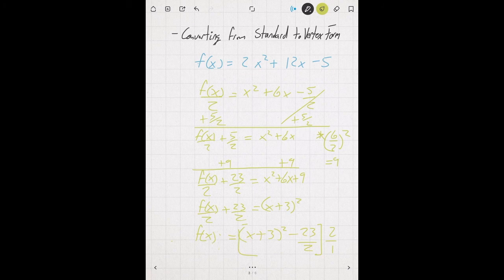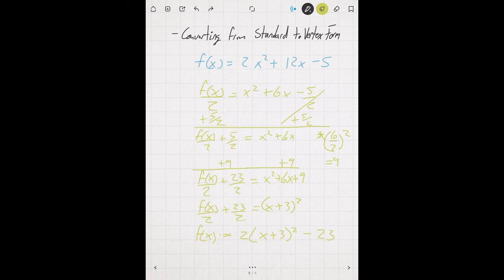And then when I distribute a 2 through, let me clear some space here. We should end up with a 2 times x plus 3 squared, and then minus 23 over 2 times 2 is just 23. Even if you convert it back, if this 2 is 0, you're going to need to make sure at the end you remultiply everything by 2.